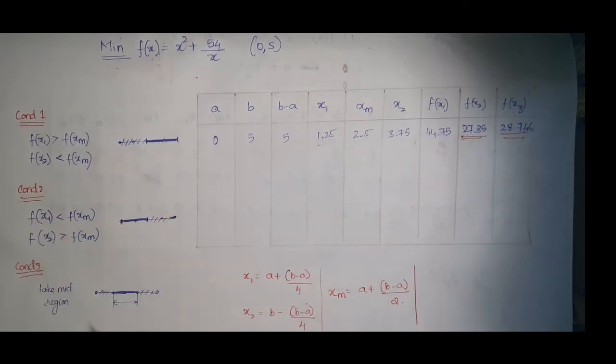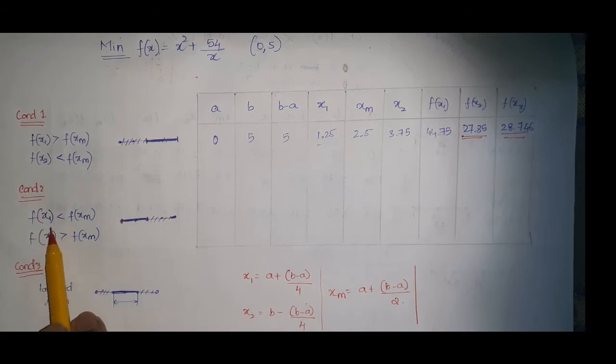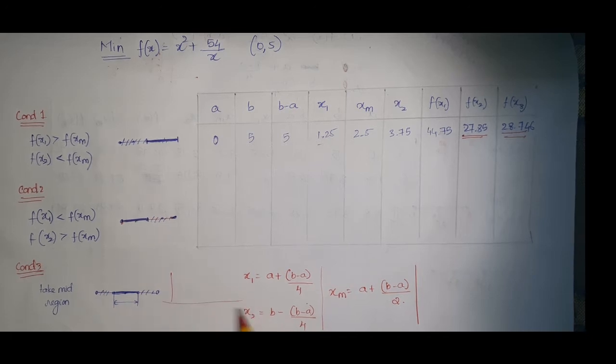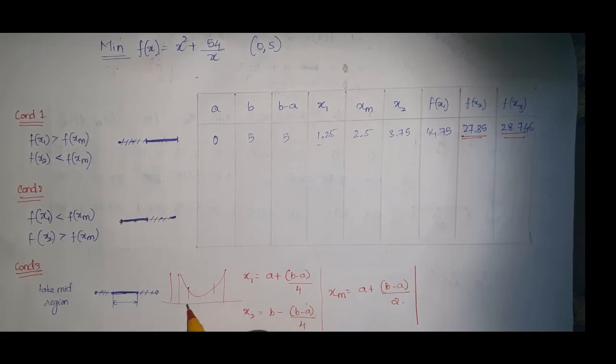So this condition fails. Condition 2 is just the opposite of this condition. And recall, in the concept video, we don't have to memorize it actually. We are more interested to find the minimum. So if the function is something like this, we are trying to narrow down into a region where we can potentially find our candidate that will satisfy the minimum of this equation.